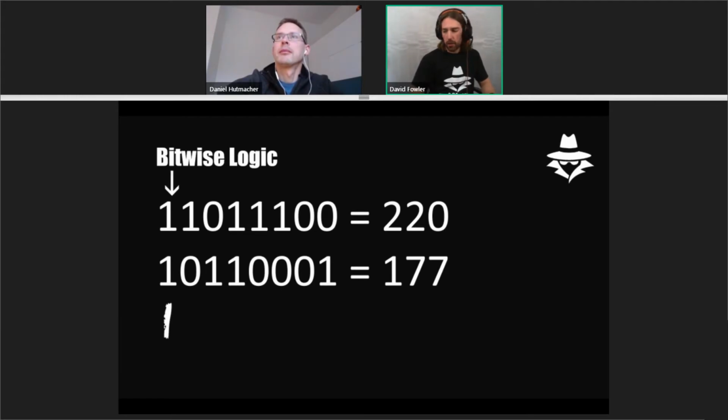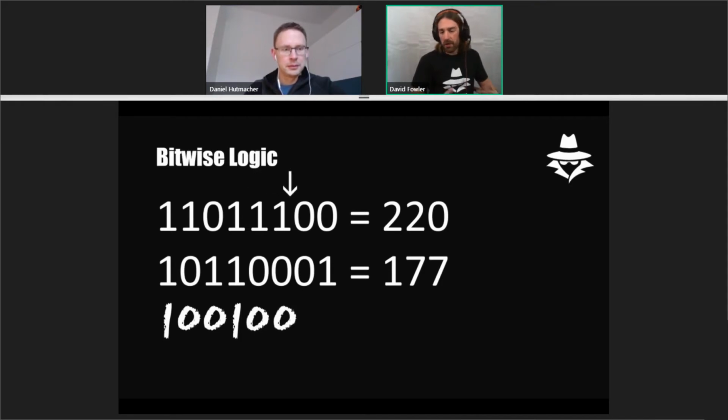Once we've got that, we can just move on to the second bit, the 1 in 220. Its corresponding bit in 177 is a 0. Bitwise AND 1 and 0 is going to give us a 0. The third bit, a 0 and a 1, will give us a 0. The fourth bit, a 1 and a 1, is going to give us a 1. The fifth bit, a 1 and a 0. The sixth bit, a 1 and a 0. The seventh bit, a 0 and a 0.